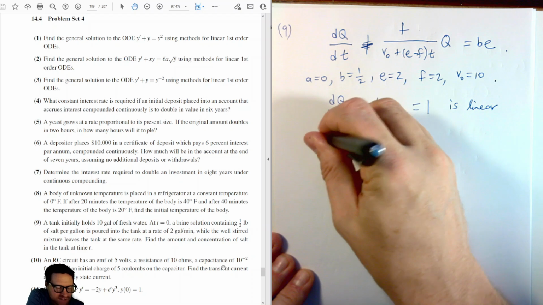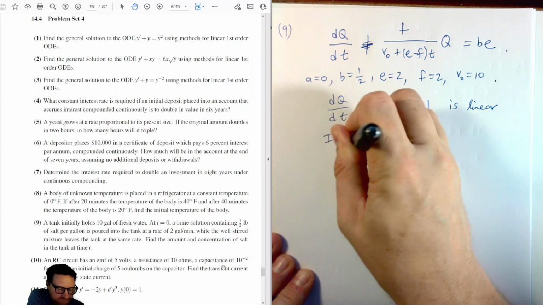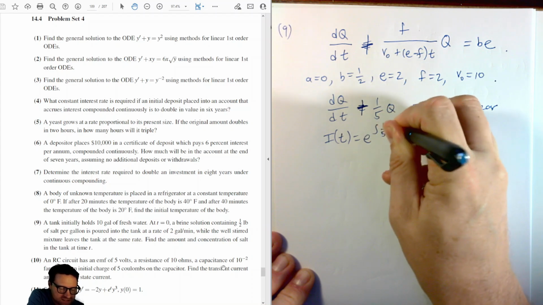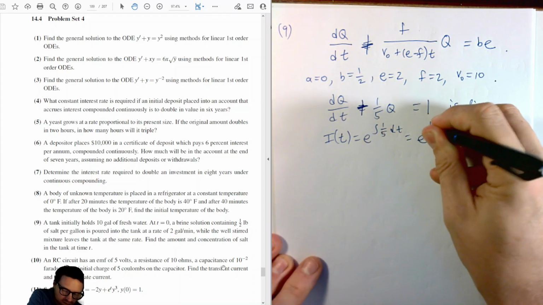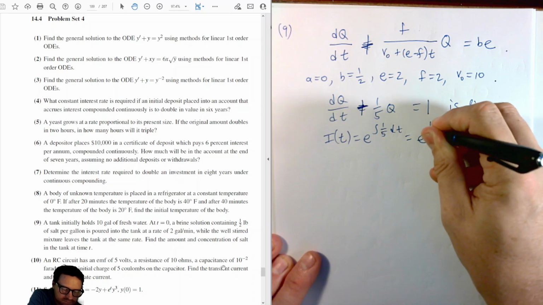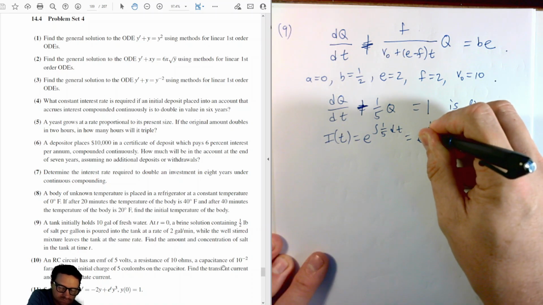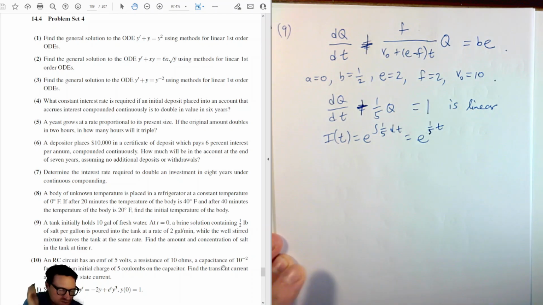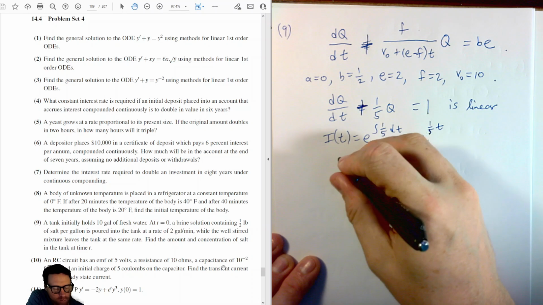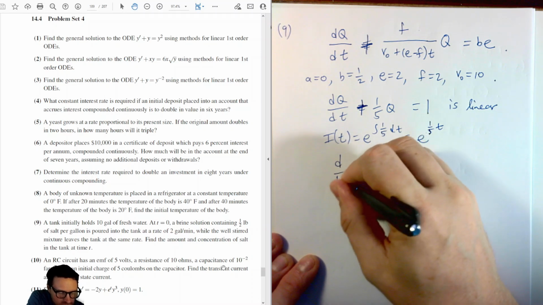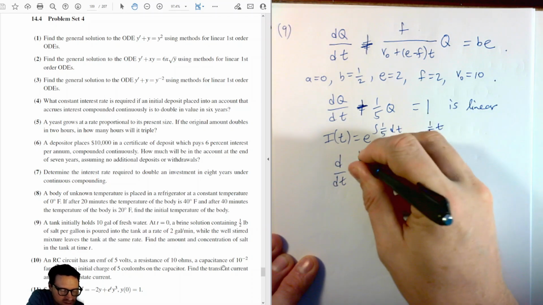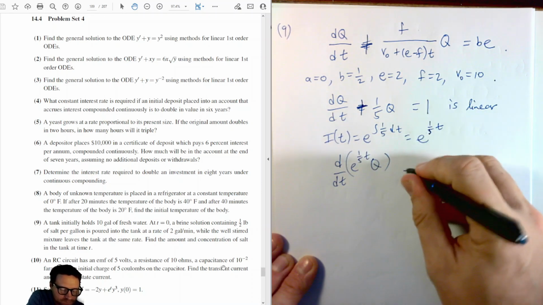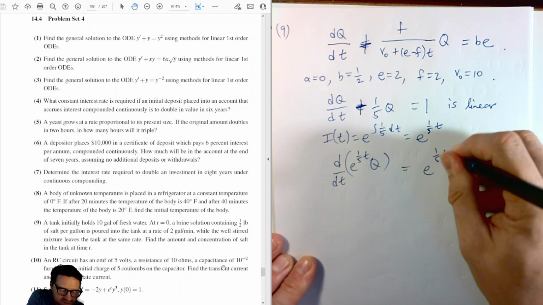And so our integrating factor I of t is e to the integral of 1/5 dt, which is e to the power of 1/5 t. Okay, and so this is what we multiply throughout by, but we know how the left-hand side packs up: e to the 1/5 t times q.